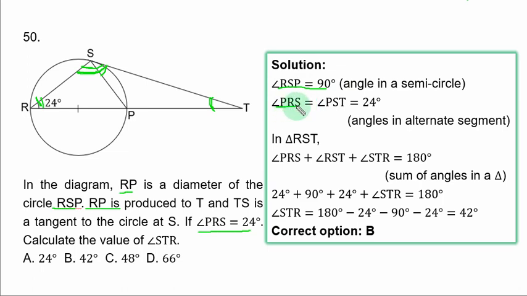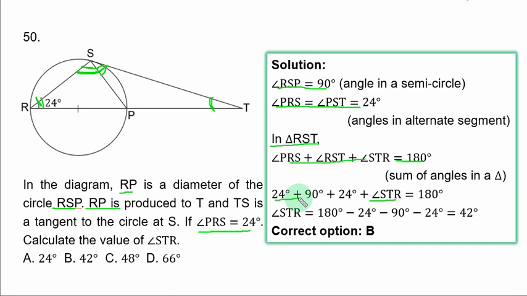Angle PRS is equal to angle PST, that is 24 degrees, angles in alternate segment in triangle RST. If you add the three angles, the sum is 180. We are looking for angle STR. Now, angle PST is 24.